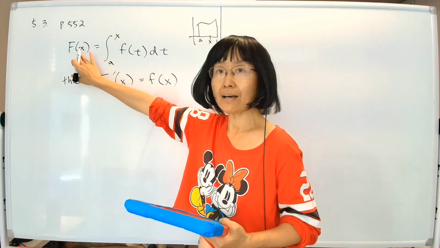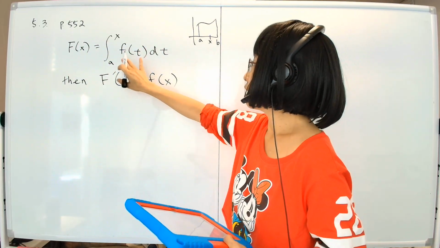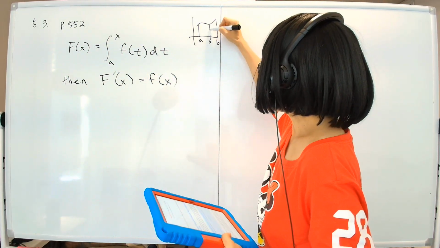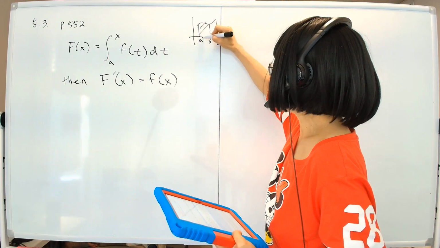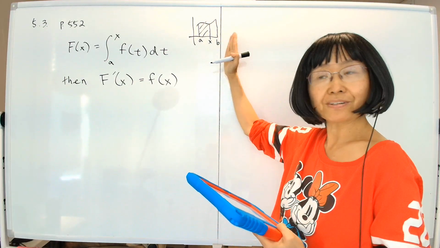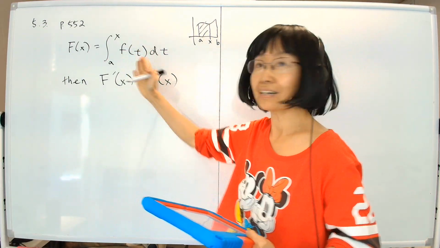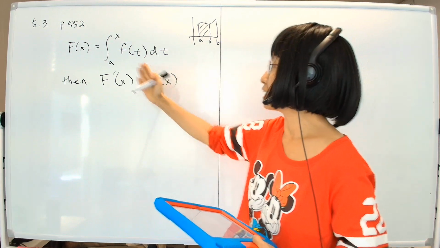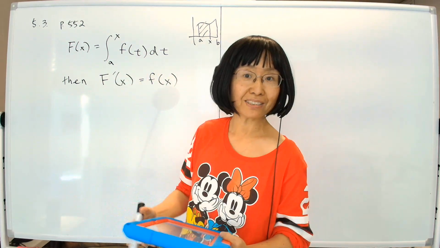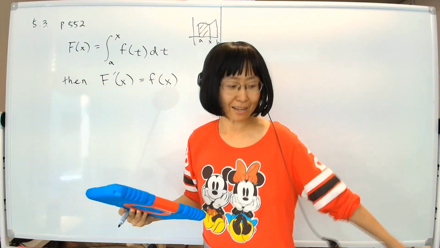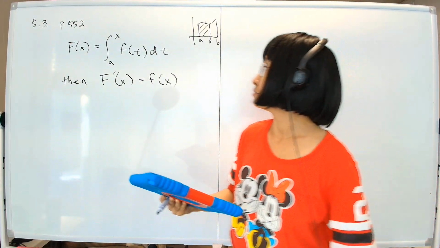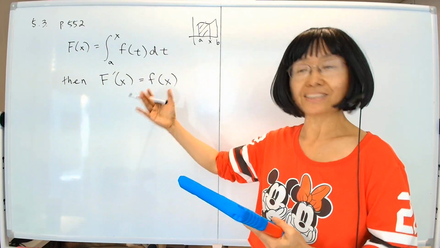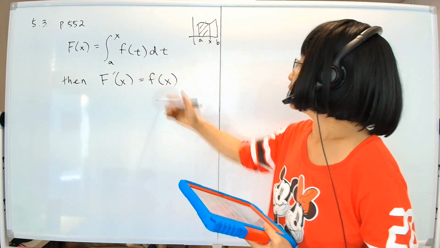To calculate F of x, for each x, you calculate the area under the curve as x moves along. So for each x you have to calculate the area, which is a very odd function, right? We have probably never seen one until now. But it's a function, and it is defined that way.